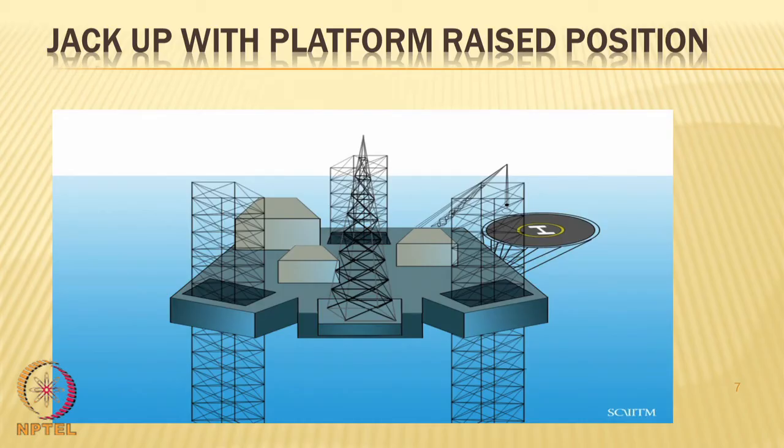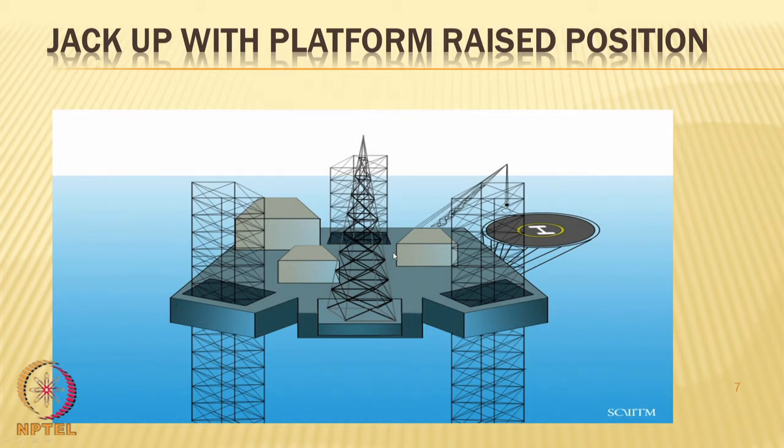If you look at the screen, a typical sketch of a jack-up rig is shown. These are the legs of the rig. The three lattice trusses are the legs of the rig. What you see in the grey color is the hull.